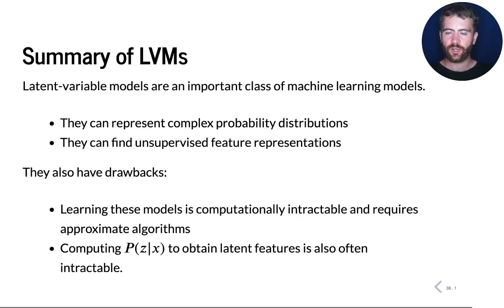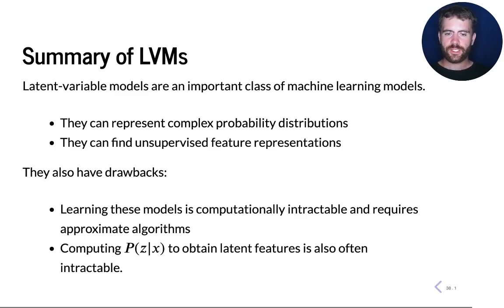Once the model is learned, these z can often have interesting meaning, and therefore they correspond to useful unsupervised representations of the data. They can, for example, be used to solve clustering problems. They can be used to perform operations over the data, such as the example with the arithmetic over latent representations of images.